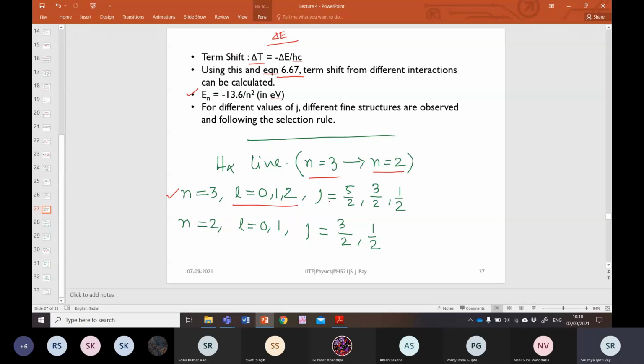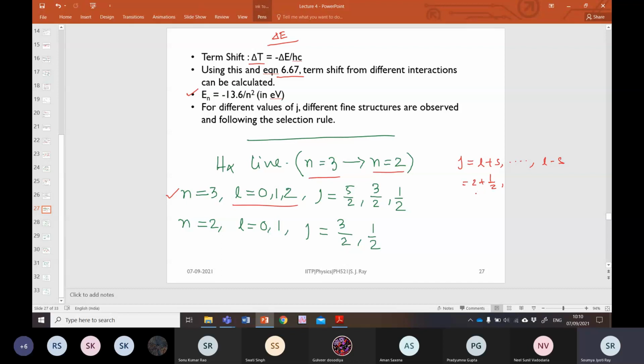And we can calculate the possible values of J for this case, which will be 5 by 2, 3 by 2 and half. I hope you can follow this, because J will be nothing other than L plus S to L minus S. So S is half here. The maximum that will be possible will be 2 plus half, and the minimum that will be possible will be basically half here.